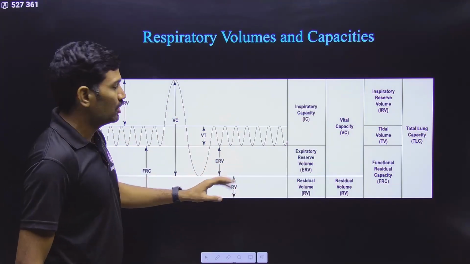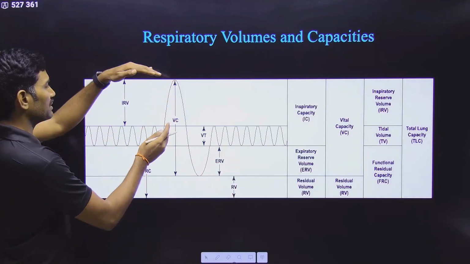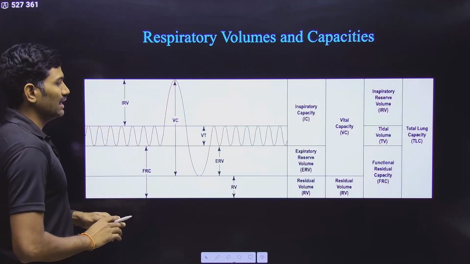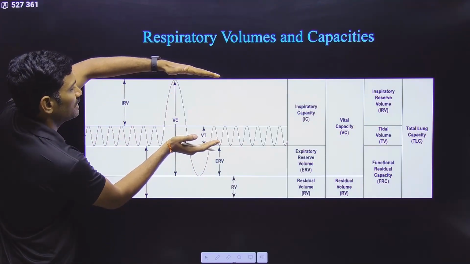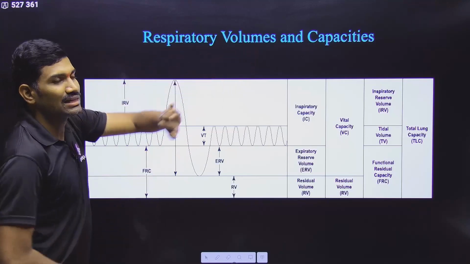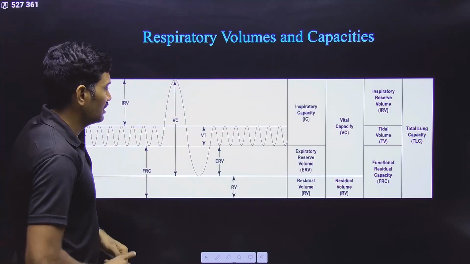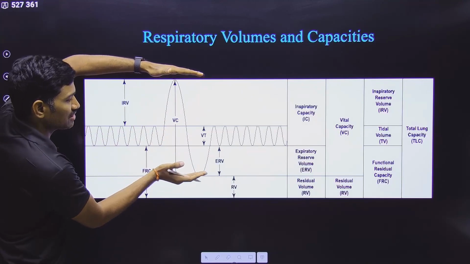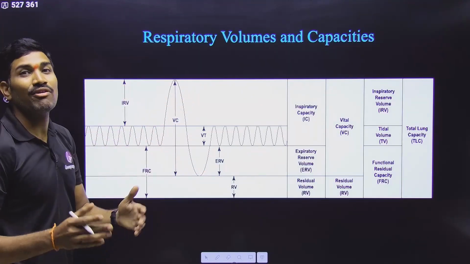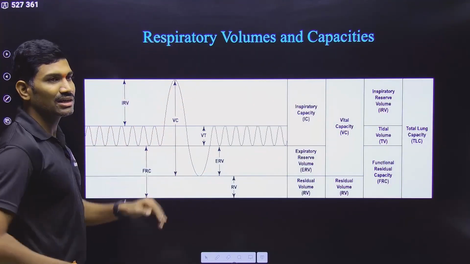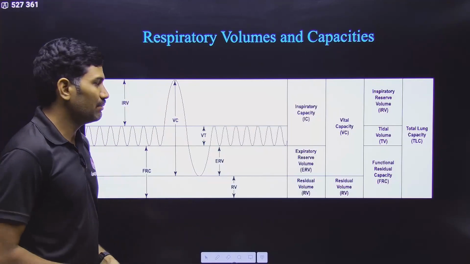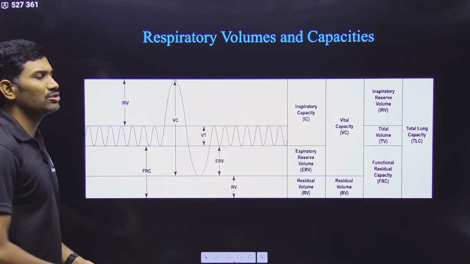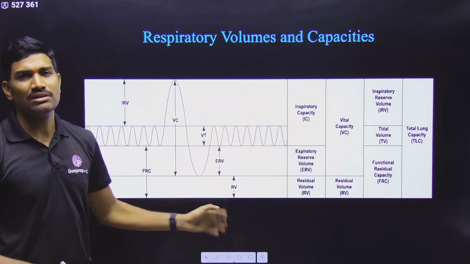On the upper side, inspiratory reserve volume and tidal volume, so tidal volume plus inspiratory reserve volume gives inspiratory capacity. Inspiratory reserve volume, tidal volume, expiratory reserve volume, all these three is vital capacity. If all the four you are considering, that is called total lung capacity. In this way, with the help of this diagram also, you can easily understand these particular things.